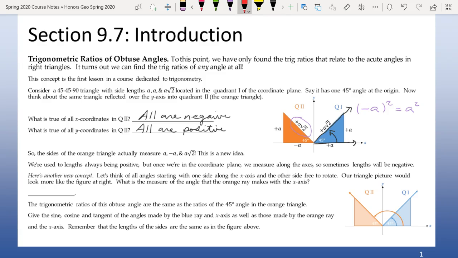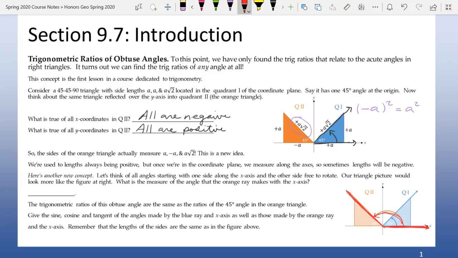The 45-degree angle in the orange triangle we can actually think of in another way, because it's supplementary to an angle that begins along the x-axis here. So if we start at the x-axis, we can actually rotate around in this direction and create the same angle. Of course, this angle is going to be supplementary to that 45-degree angle.